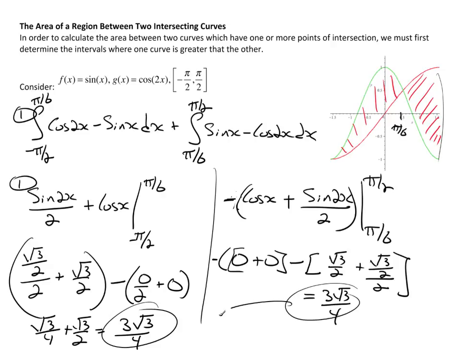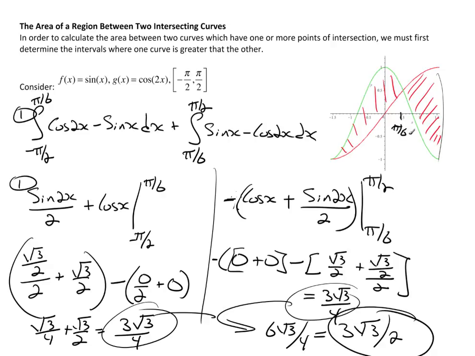So if I take these two and combine them together, I will get 6 root 3 over 4, which is, of course, 3 root 3 over 2. So my area under the curve, or between these two curves, the net area, and I really want to emphasize the net area for a moment there, is 3 root 3 over 2.